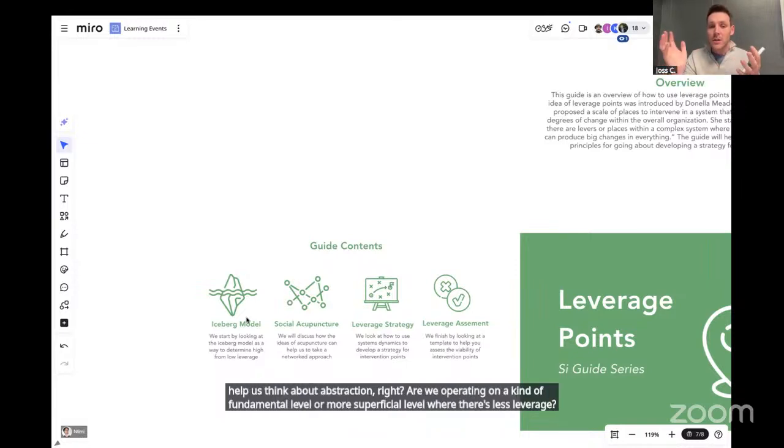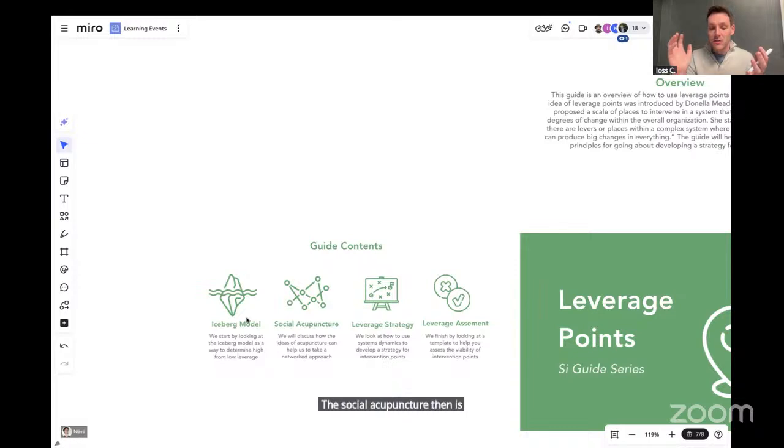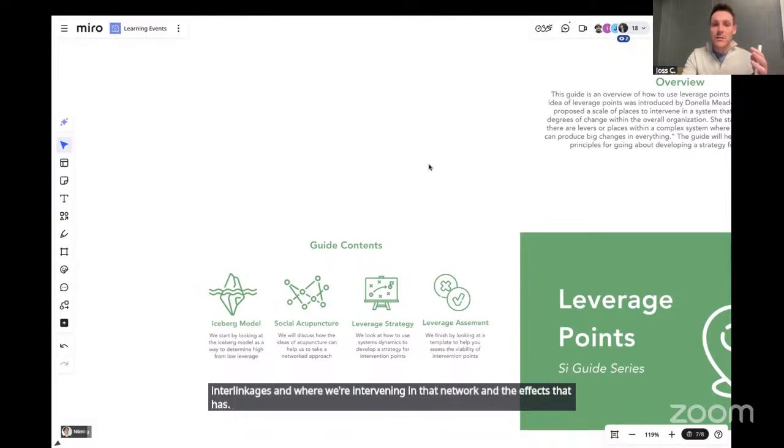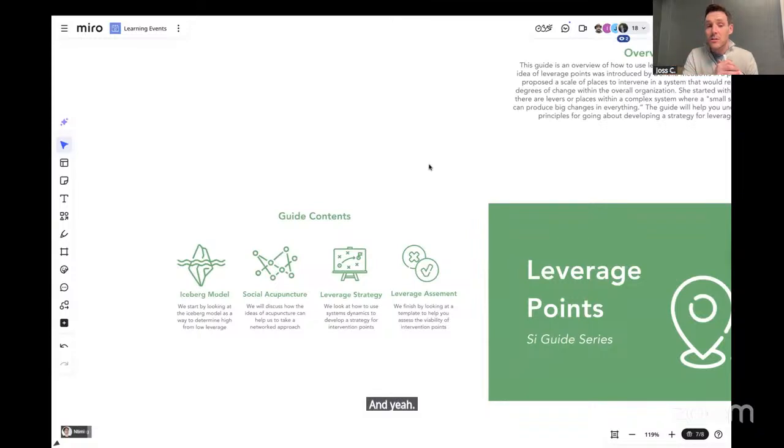The social acupuncture then is going to start introducing us to this idea of the system as a network, as a map, and we need to think about those interlinkages and where we're intervening in that network and the effects that has. And yeah, starting to build a strategy for leverage points and intervention points, and eventually assessing that.